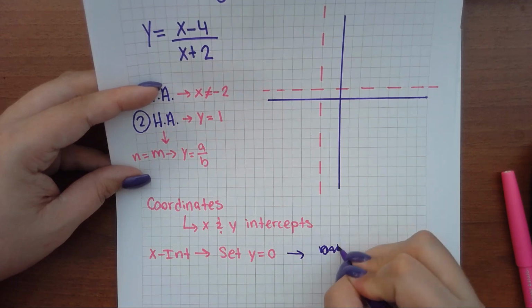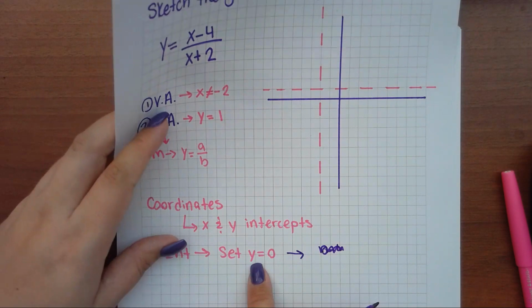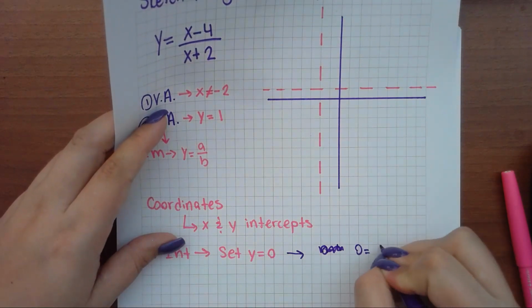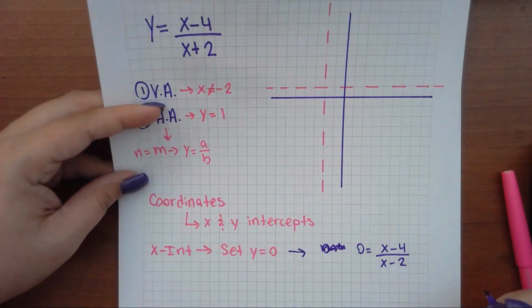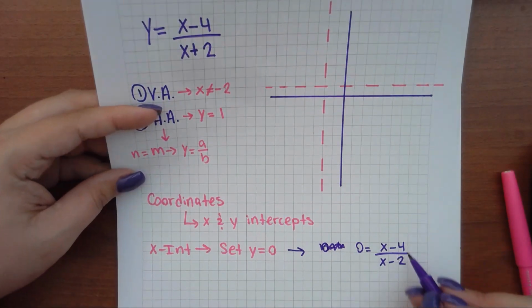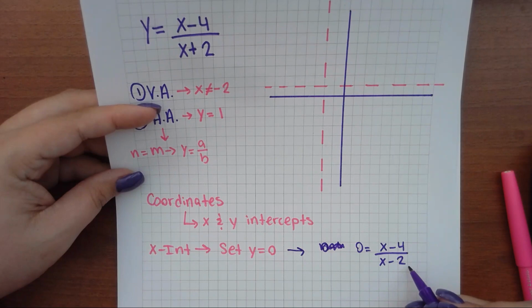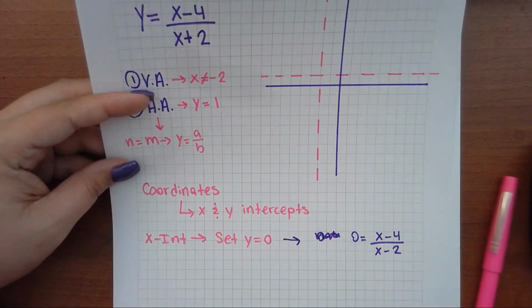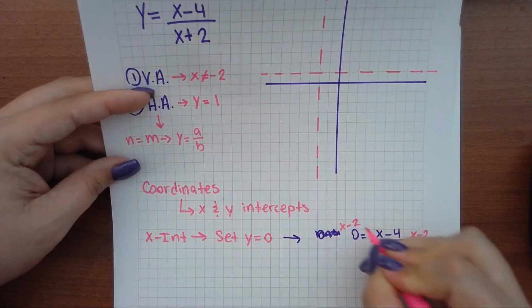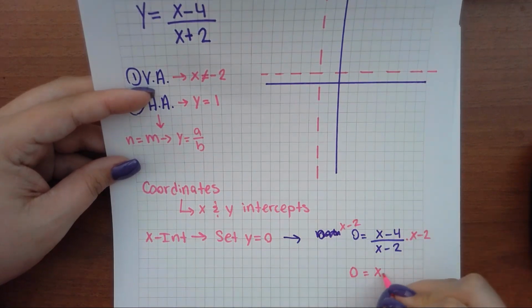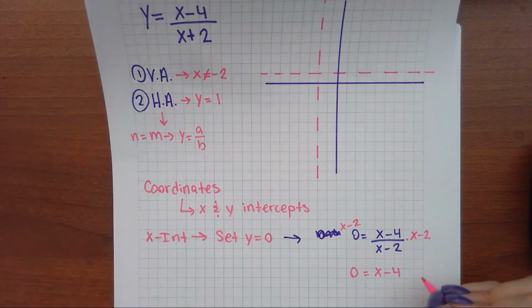I went into the other thing. That would be 0 is equal to x minus 4 over x minus 2, and then we would solve. Now, here's the thing. Because you have a simplified function over here, it should always be the same steps. Multiply both sides by x minus 2. And I get 0 is equal to x minus 4. Then I can add 4 to both sides, and I get x is equal to 4.